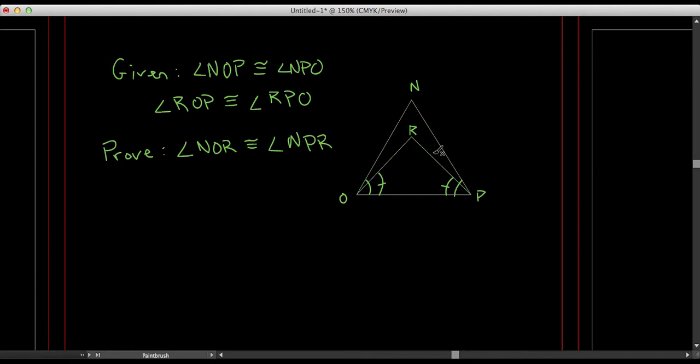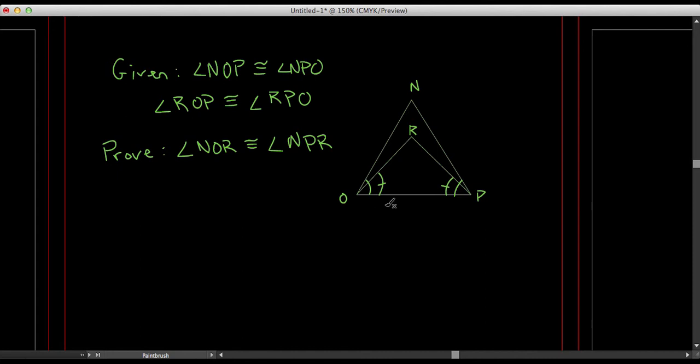And we can. And essentially the way I'm looking at this now is I'm seeing that we know this full angle is the same as this full angle, and this smaller angle is the same as this smaller angle. And they're both pieces of each other. Since the two triangles are already overlapped, I essentially see that the two angles that we're trying to prove are congruent are a subtraction of each other.